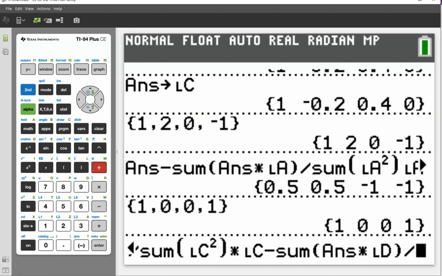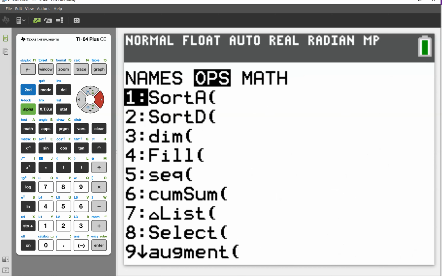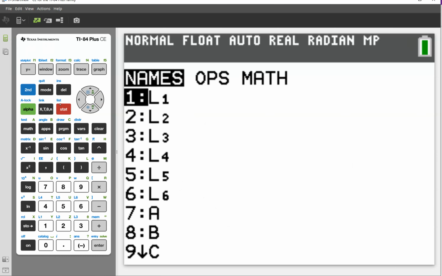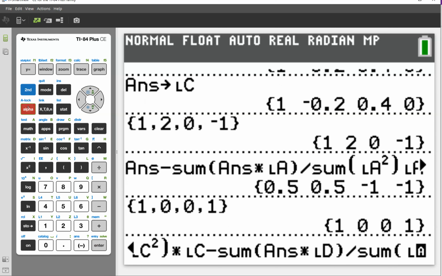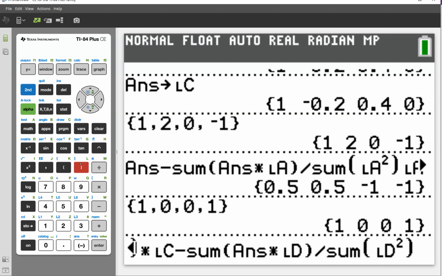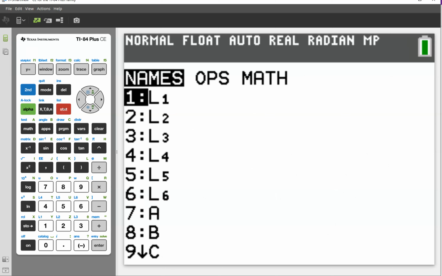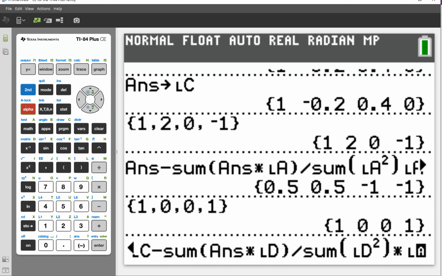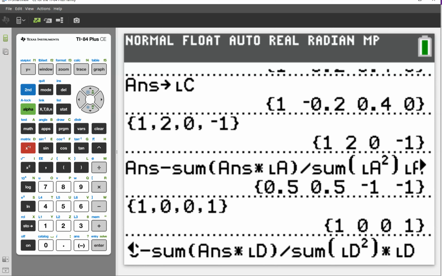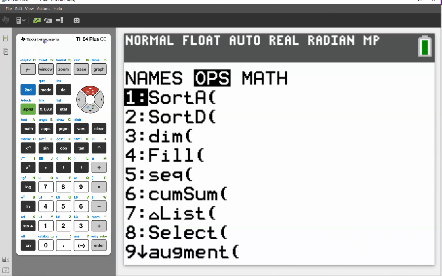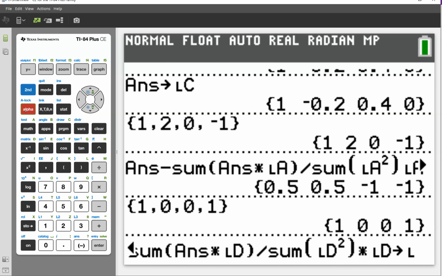And then divide that by the sum of list D squared and then multiply that by list D. And I'm going to store that because I want to keep it for future reference. So let's put it in list E.